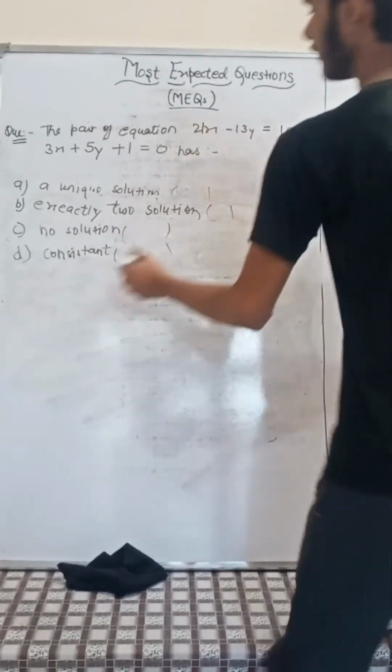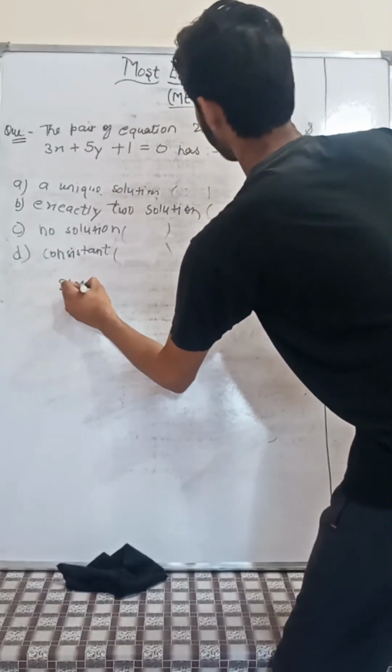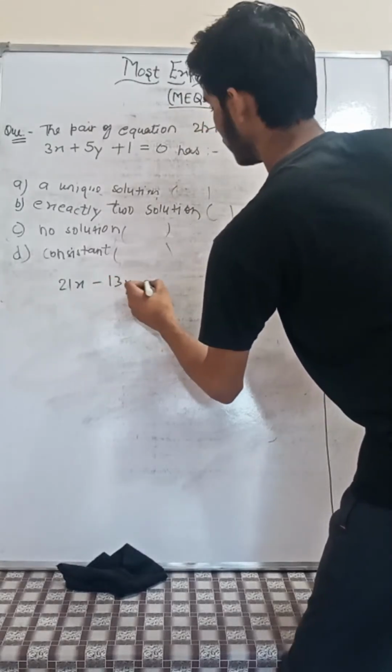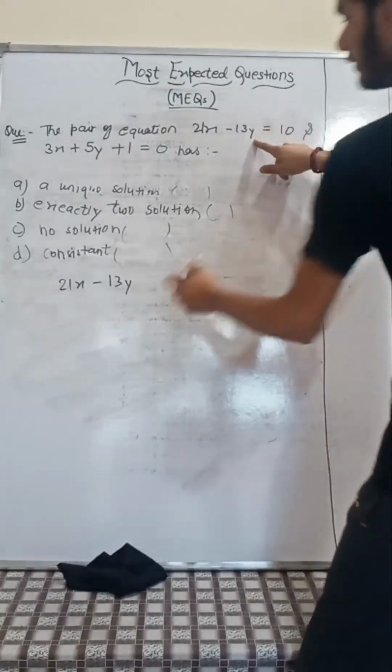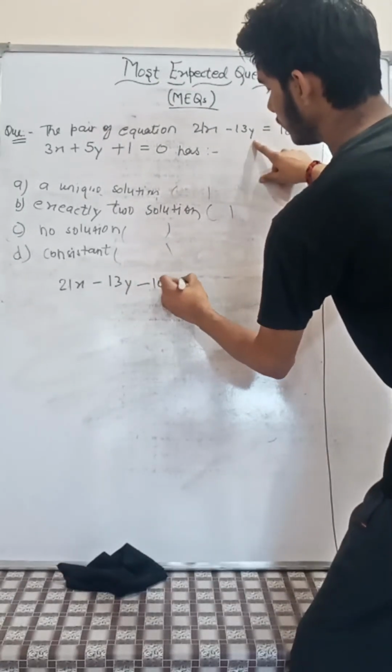Now equation 1, 21x minus 13y minus 10 equals 0.